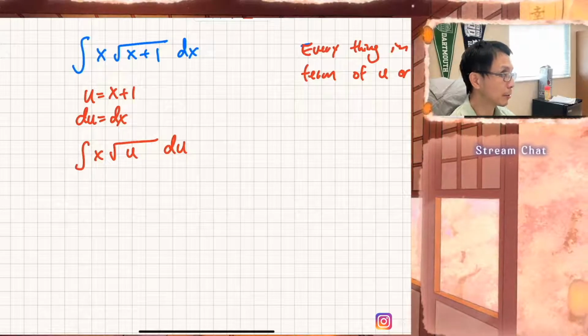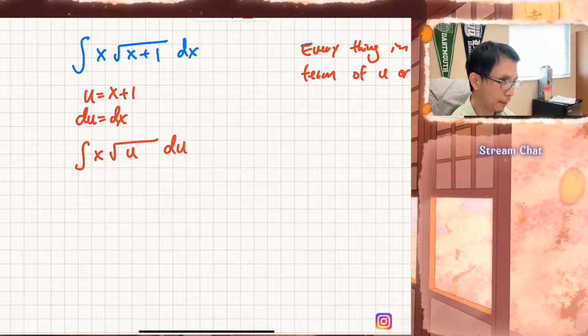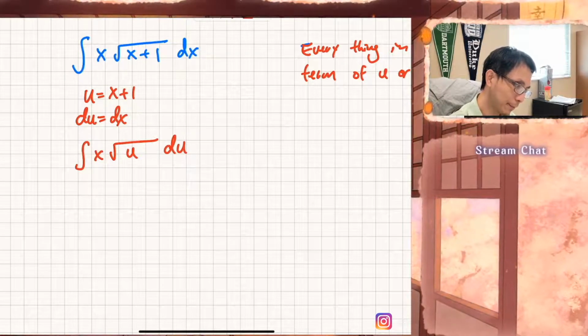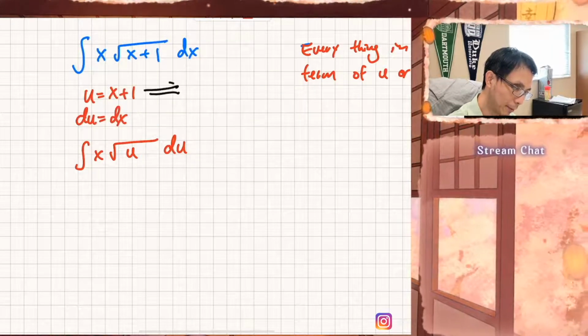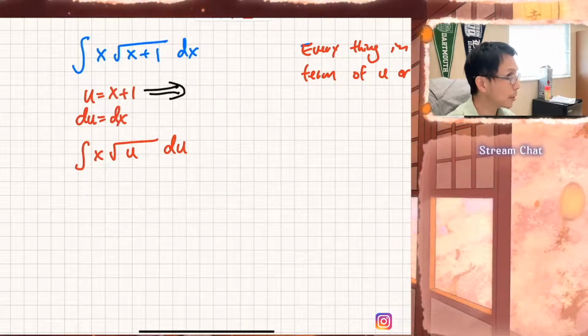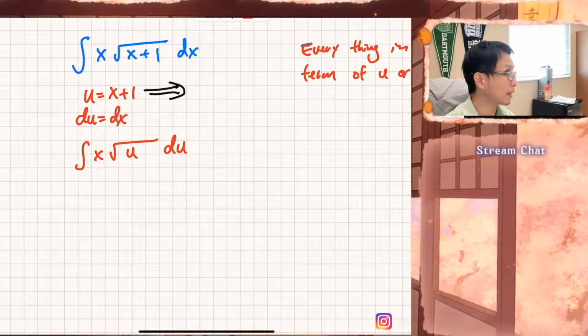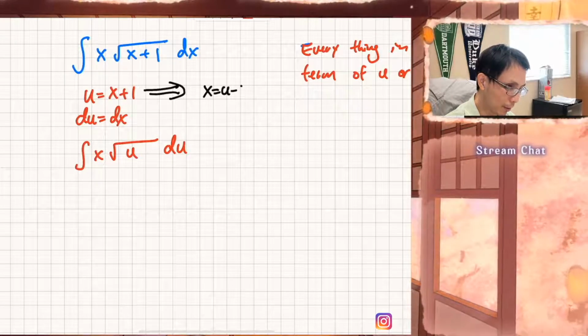What else can I do? So u equals x plus 1, so could you say that x is u minus 1? Very important. Since u equals x plus 1, I can convert to x now. So x is equal to u minus 1.